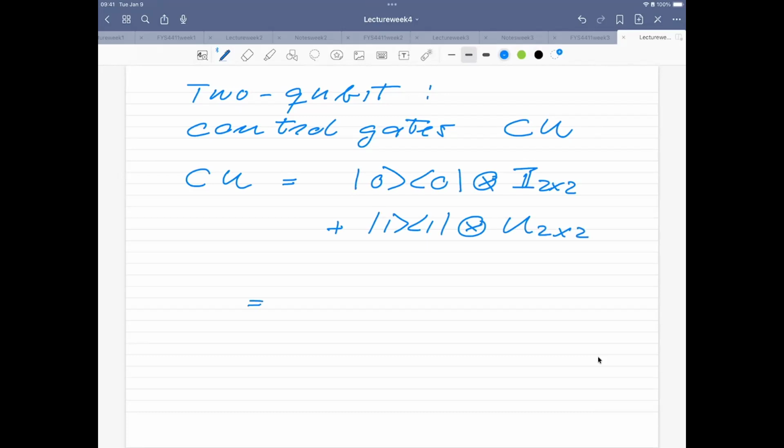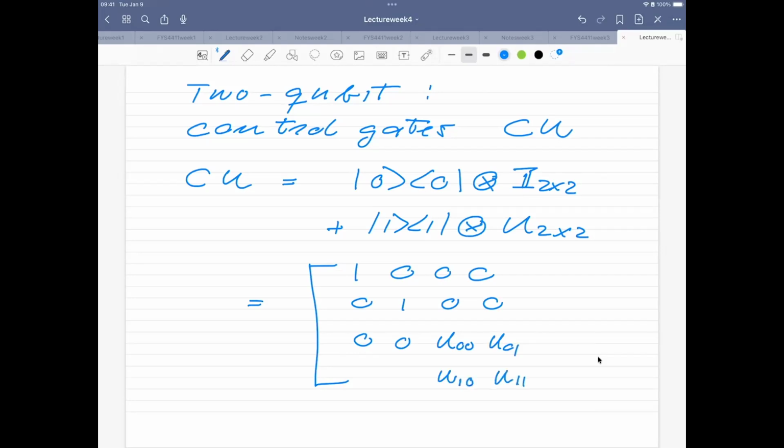And the general structure is given by a matrix which looks like this. So we have 0, 1. The first qubit is unaffected, so we don't do anything with the first qubit. And then we have 0, 0, and then U00, U01, U10, and U11.